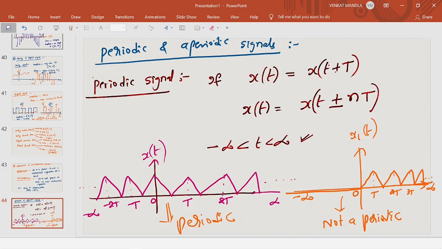It has to be present from minus infinity to plus infinity, and it also has to satisfy the condition x of t equal to x of t plus or minus n T, where n is an integer. This x of t must satisfy this condition.